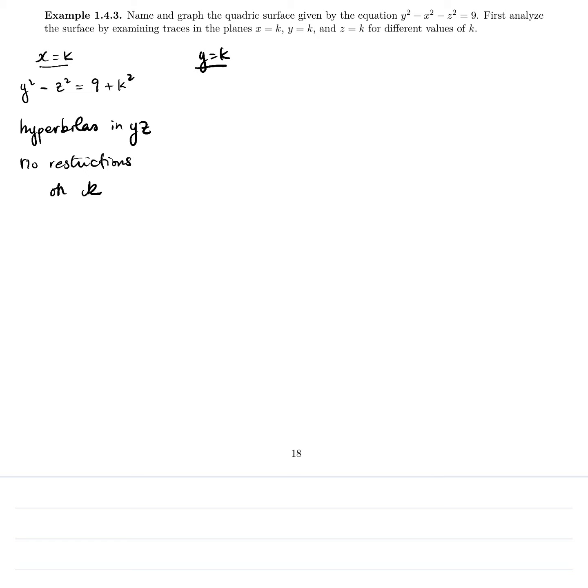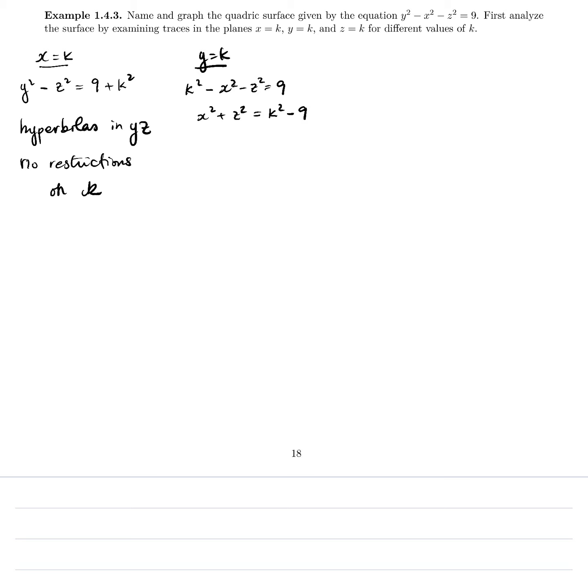If we then go and look at y equals k, the planes that are parallel to the xz plane, we can plug in y equals k, and we're going to get k squared minus x squared minus z squared is equal to 9. If I rearrange that a little bit, x squared plus z squared is equal to k squared minus 9.